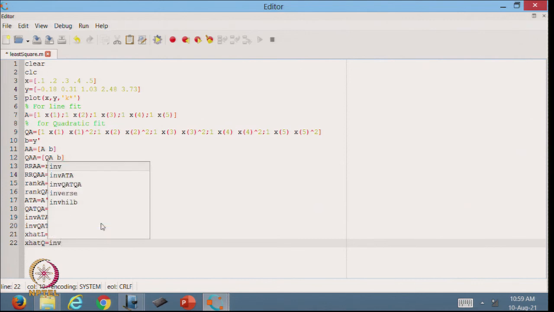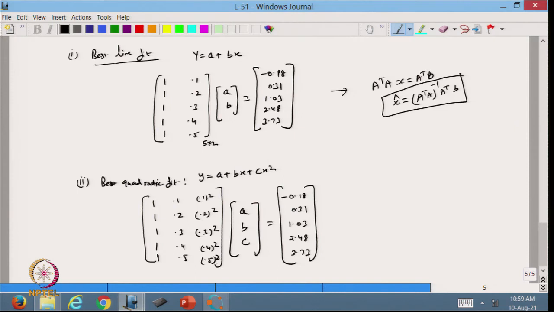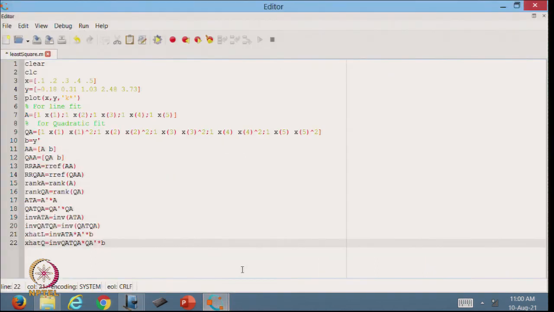So, it is the inverse of QA transpose QA, times QA transpose B. So, we are defining A transpose A inverse A transpose B. Here I am defining this by L, the line, and here by the quadratic x hat. So, now this is my x hat L and this is my x hat Q.